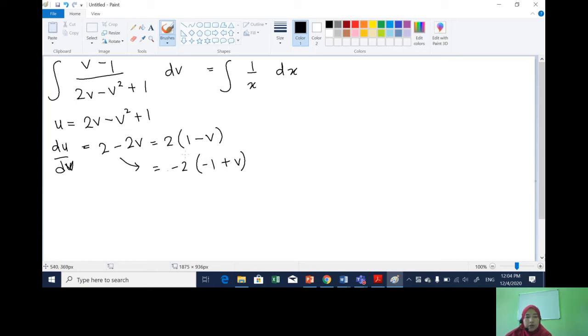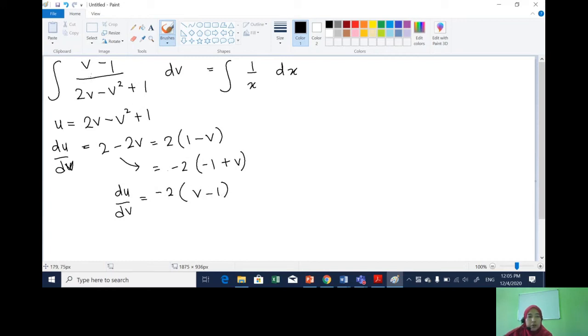Since we take out a negative, this becomes positive. You may check that this is equivalent: when we open the brackets, we have 2 minus 2v, correct? So du over dv is equal to negative 2, and I just change the notation, v minus 1, correct?